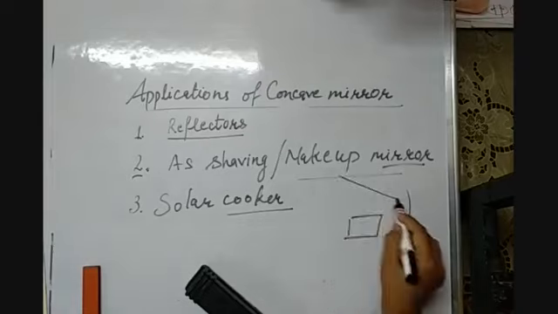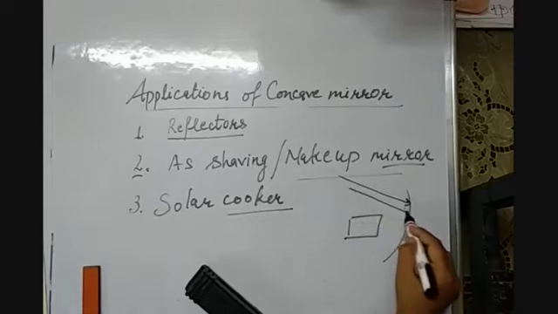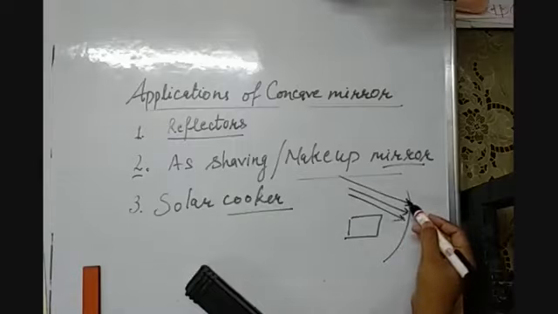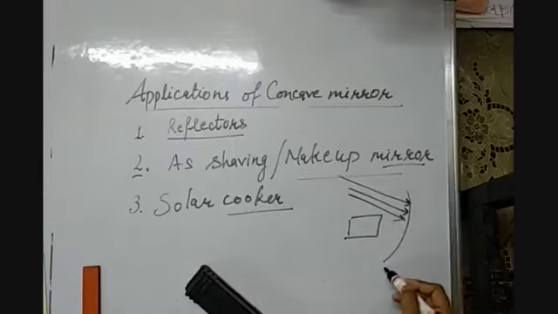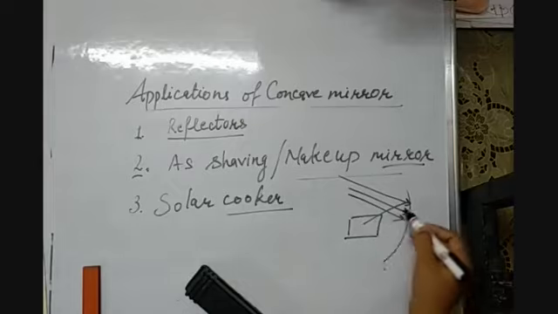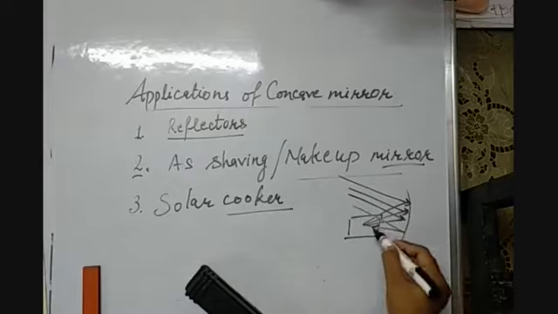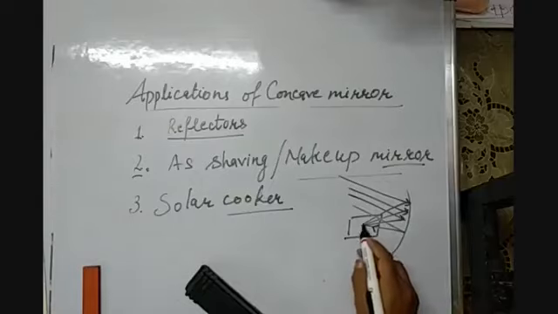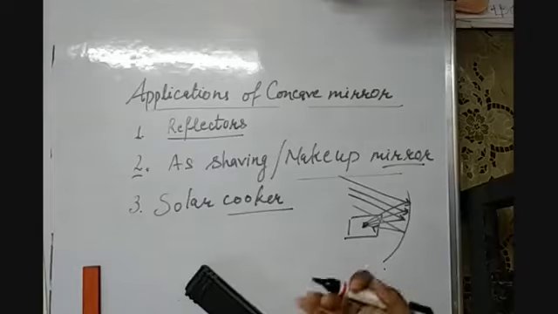When the radiations from the sun strike the reflecting surface of the concave mirror, the converging mirror, the concave mirror will focus them at a particular point. And this is how the heat at this particular point will be generated and the intensity will increase, which will help the food to get cooked.